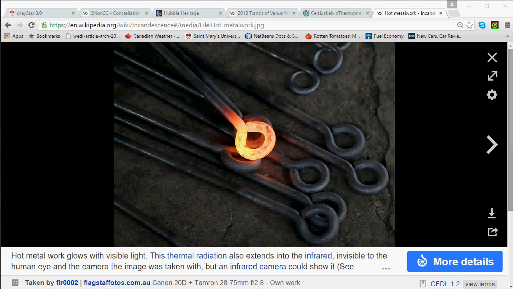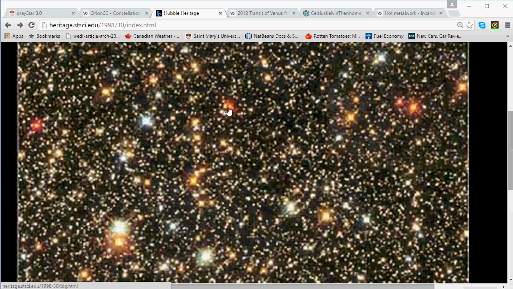But the best part of all of this is that now that we understand why different stars have different colors, we can actually turn the reasoning around and go the other way. We can use the color of a star to determine its effective temperature, or its surface temperature.